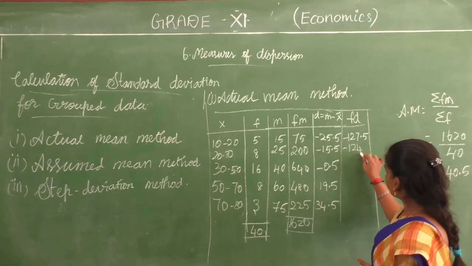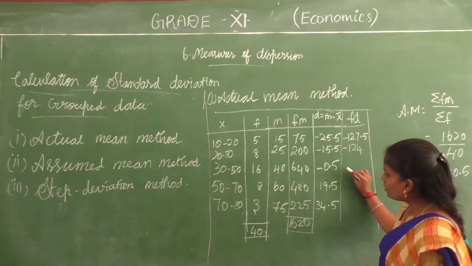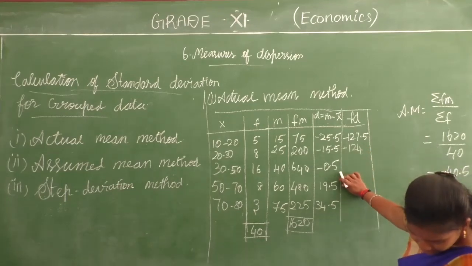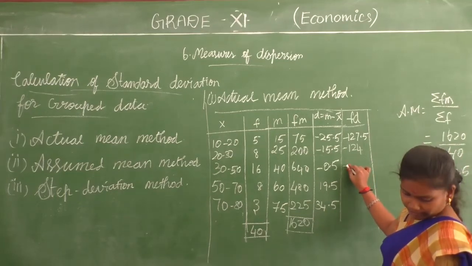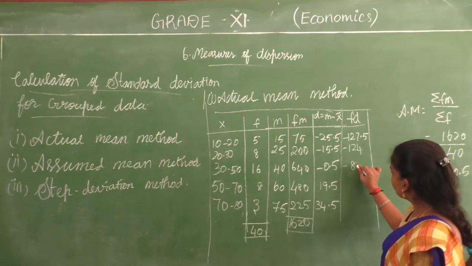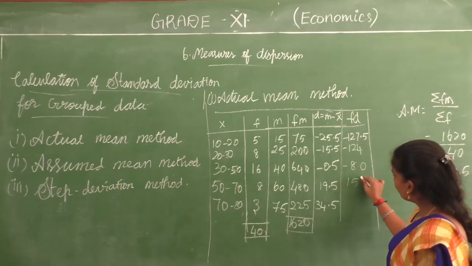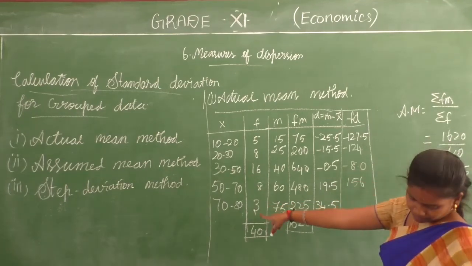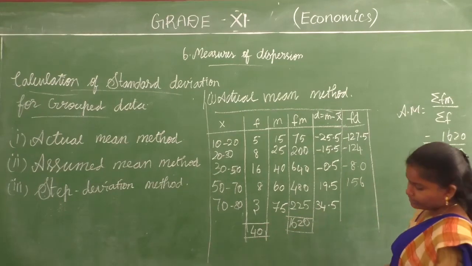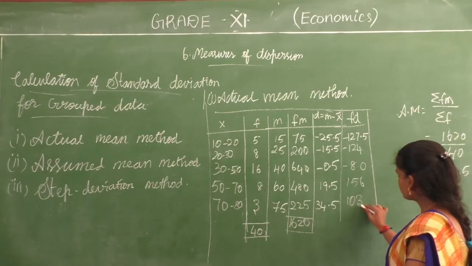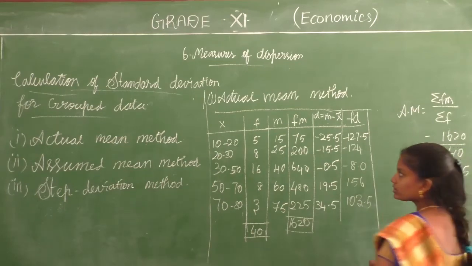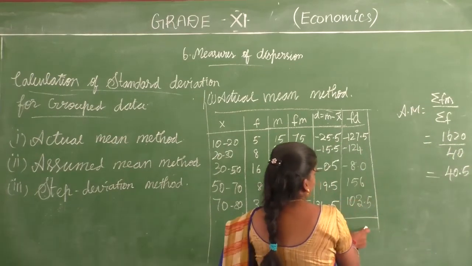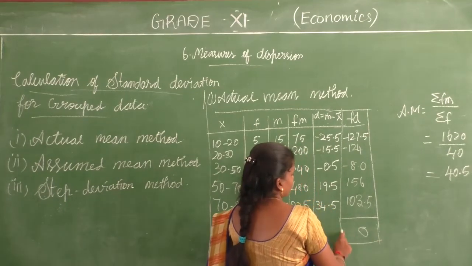So we have minus 124, then minus 0.5 into 16, so we have a value of minus 8. And we have 19.5 into 8, 156. And then when you summate it, you get a value of 0.